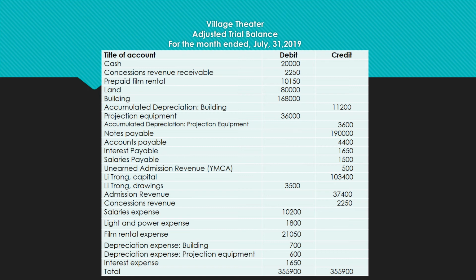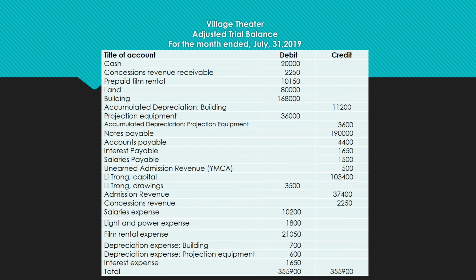And then unearned admission revenue before adjustments was 1,000, of which 1,500 revenue was earned for the month of July. Now the balance, because unearned admission revenue was decreased by 500, on the credit side the remaining balance of unearned admission revenue will be 500. So that's all about liabilities.